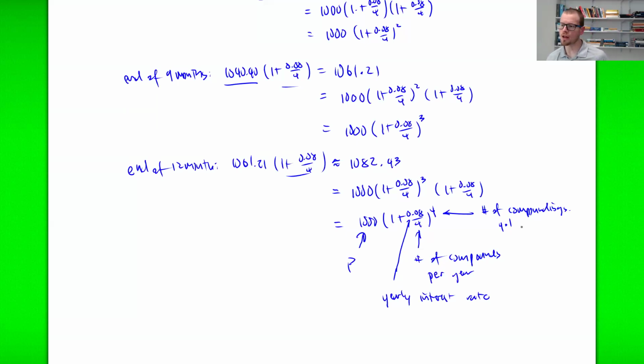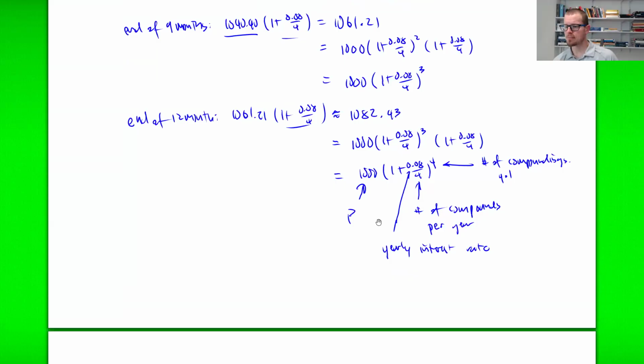In this case, just 1. So by making that observation, we can find that future value is given by the initial amount invested times 1 plus this interest rate, we could call R, divided by the number of compounds per year, we could say N. And then how many compounds does it go through? Well, it goes through however many compounds per year multiplied by the number of years.